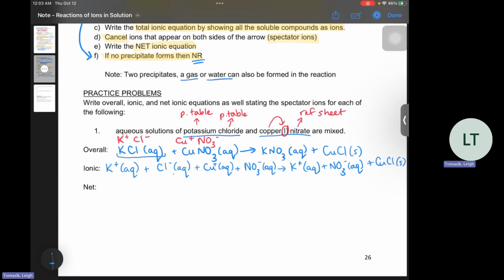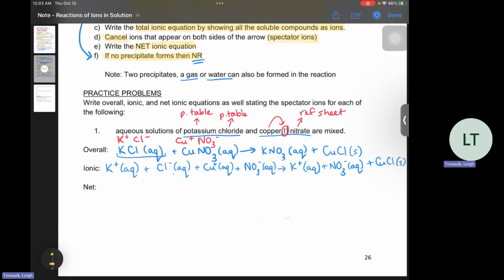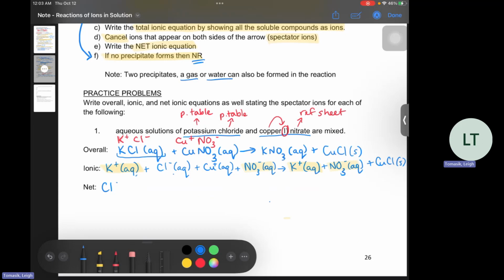And to find our net ionic equation, first we have to go hunting for spectator ions. Same on both sides, this is a spectator ion. Same on both sides, that's a spectator ion. So what is left over should be the ions that make up the precipitate.